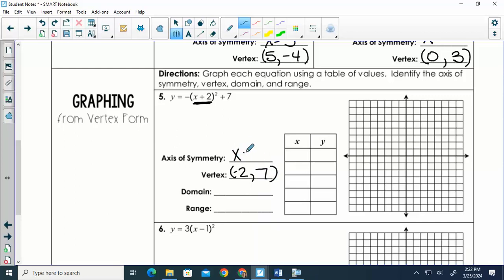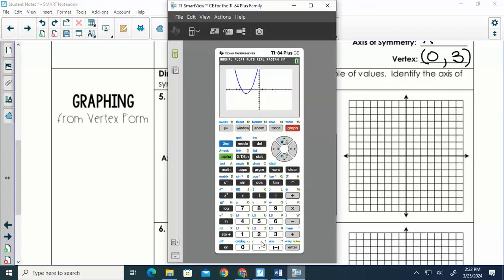What's my axis of symmetry? X equals -2. Okay, so remember when we set these up, we set up our table, we put the vertex as the middle point, and then we did things smaller and bigger. And this is a good time to double check it as well. If we're getting something different when we put this in, we know we made a mistake.